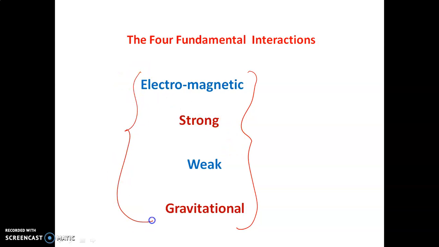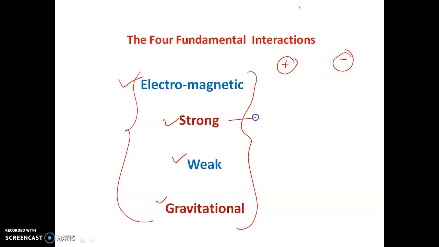That means they have to be either gravitational or weak or strong or electromagnetic. Now students, among these, electromagnetic interaction is very common. We know that it is the interaction between charges. So this is the electromagnetic interaction.